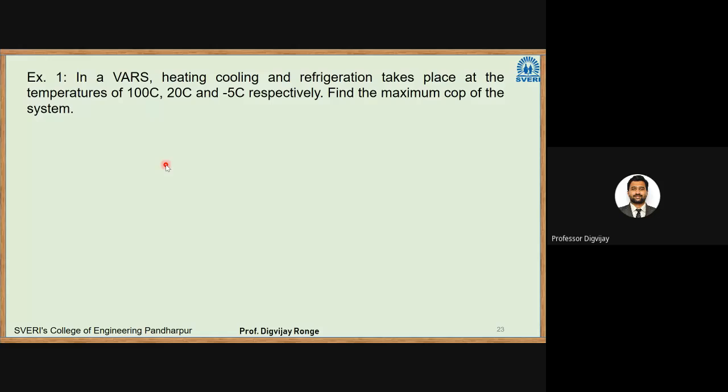In this example, tell me what will be the values of TG, TO, and TE. You can put in the chat box what will be the values of TG, TO, and TE.